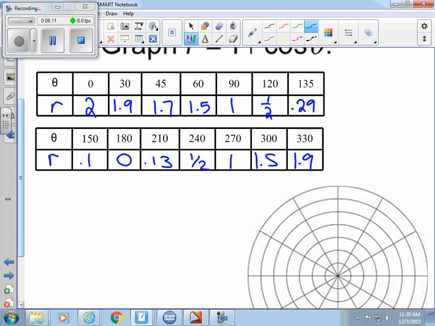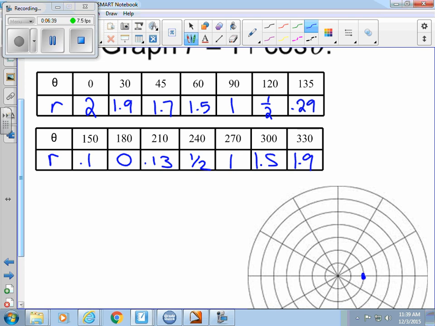So, how do I plot those points in polar coordinates? Right, I'm going to start at the beginning and work my way around because it doesn't matter what order we write these down in. So, 0, 2. Where's that? 0 degrees, 2 units out.